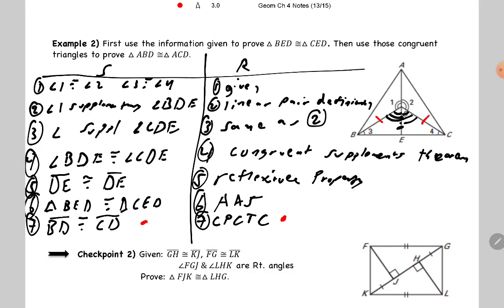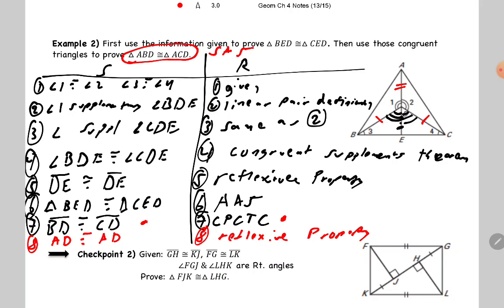So those pieces are now congruent, and we have an angle, and now they both share this. So AD is congruent to AD. That's through the reflexive property. And now I have this. This would go on the bottom, and then you would say triangle ABD is congruent to triangle ACD. Why? Because we have side, angle, side.